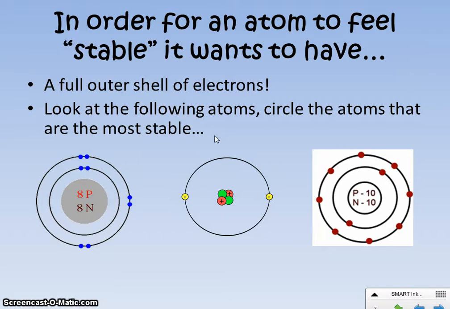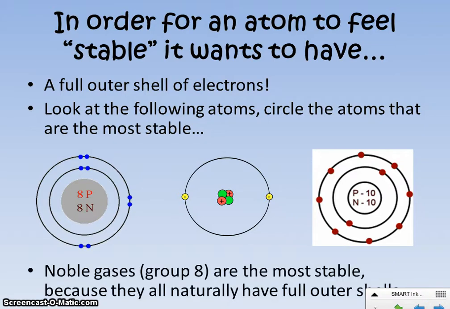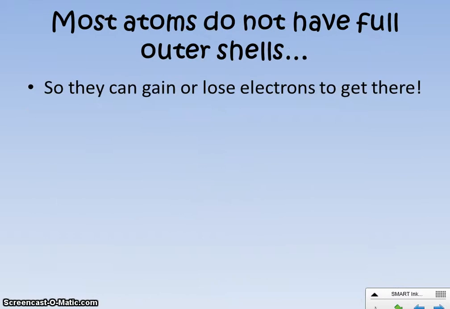They're like the celebrities of the atom world. They all naturally have a full outer shell, which is what every other atom in the periodic table wants. So they are kind of the cool kids, all right? You can take a second and write that down as well. Like I said, the only ones that naturally have that full outer shell are those group 8 elements. There's like 7 or so of them.